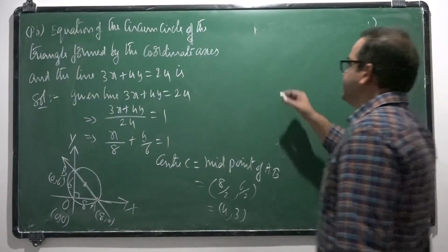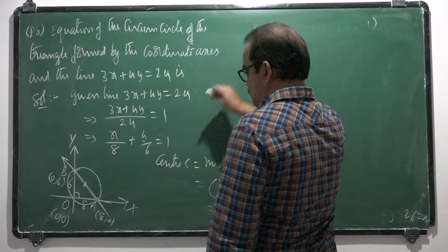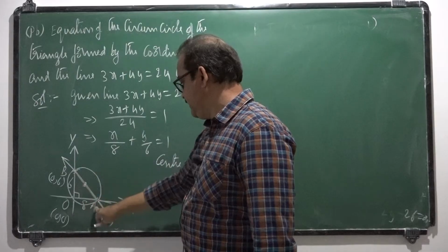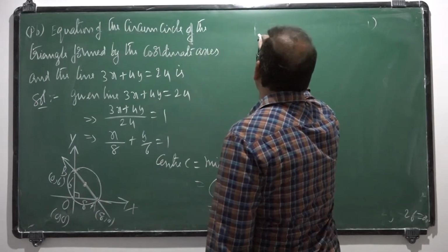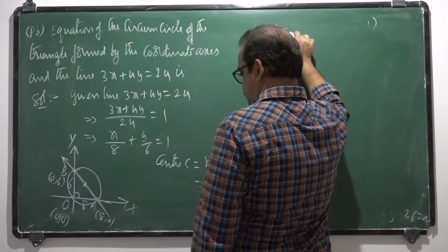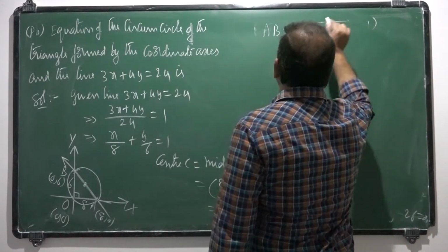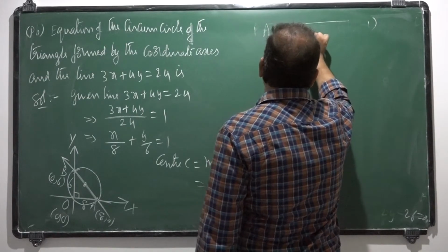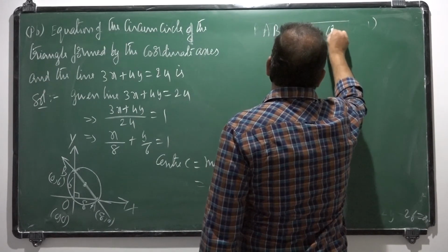Next we will find the radius. Before finding the radius, first we will find the diameter. What is the diameter? AB is the diameter. AB is equal to the distance between 2 points A and B. 8 minus 0 whole square, 8 square plus 6 square.